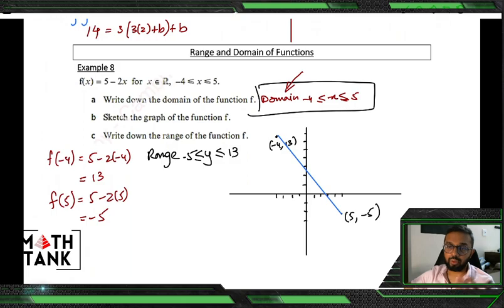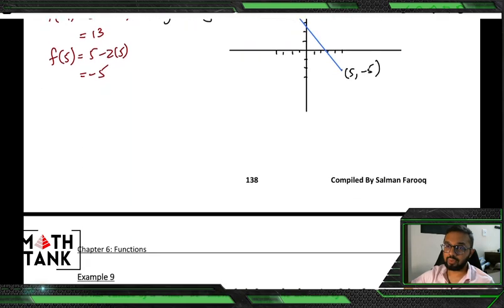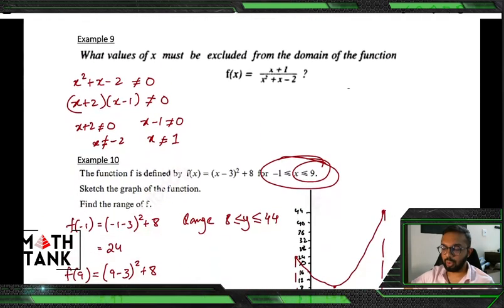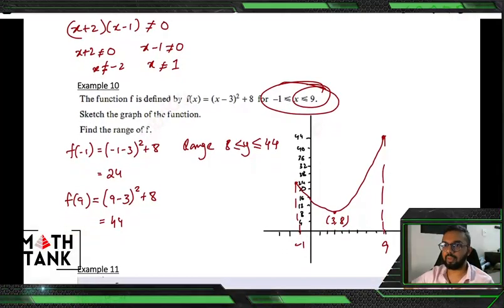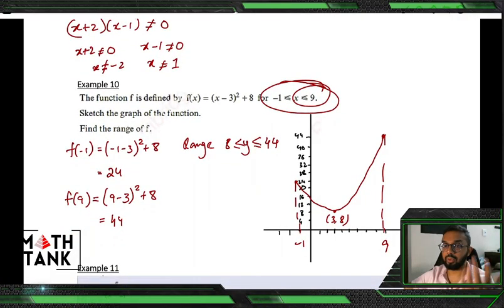Now, in order to solve questions of domain and ranges, what I strongly recommend is that you always have a sketch of the function in front of you, whether it's a quadratic or a linear or a rational function. It's going to be very difficult without having that in front of you. For example, in this question, if you just look at the domain, the endpoints of the domain tell you just the boundaries.